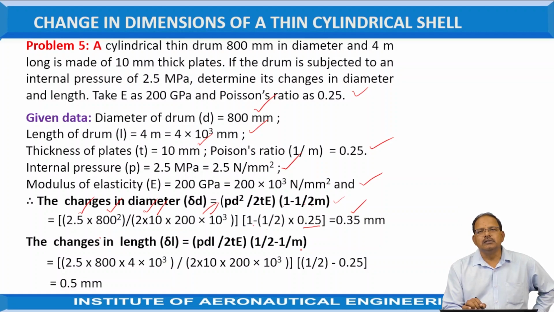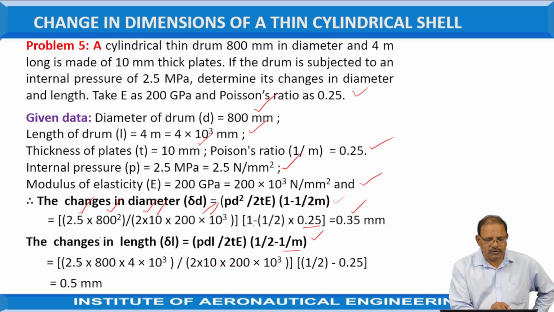The change in length delta L is equal to PDL divided by 2TE into 1 by 2 minus 1 by m, where P stands for the internal pressure of the fluid, D the diameter of the thin cylinder, L the length of the pipe, T the thickness of the shell, E the Young's modulus, and 1 by m the Poisson ratio.